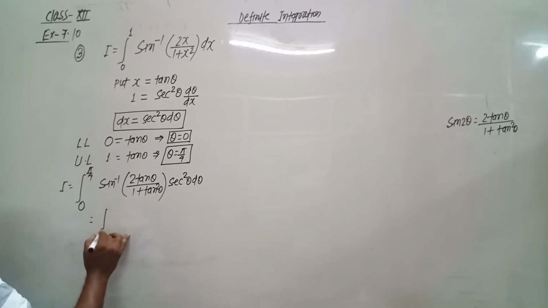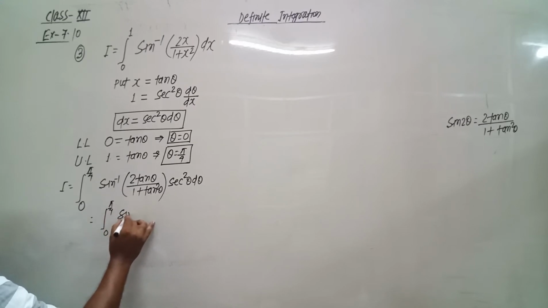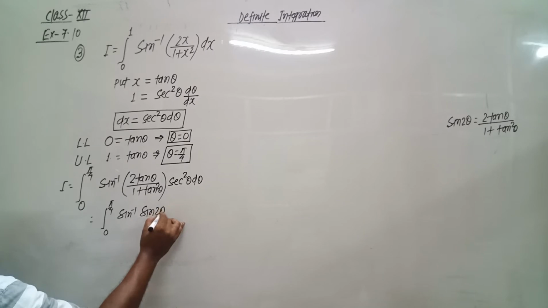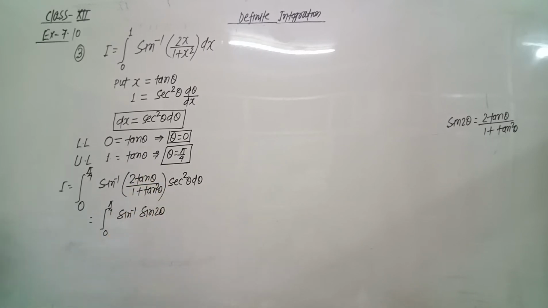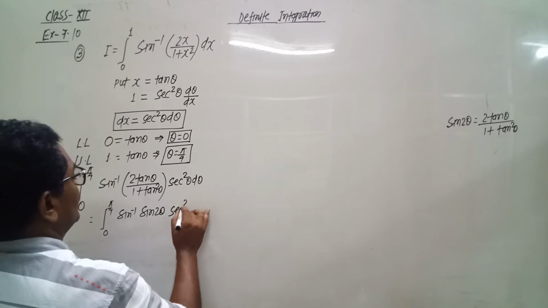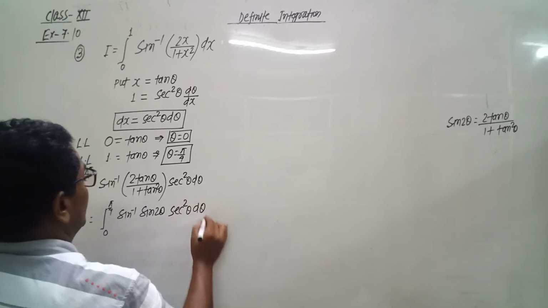So this becomes 0 to pi by 4 sine inverse of sine 2 theta into sec square theta d theta.